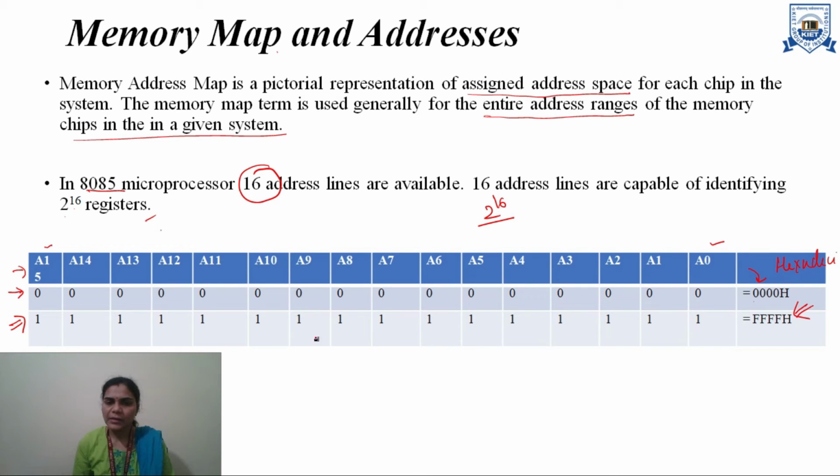In hexadecimal notation, it will be FFFFH. So all the addresses will be in a range of 0000 to FFFF. So in this way, we can represent the address range with the help of an address map.